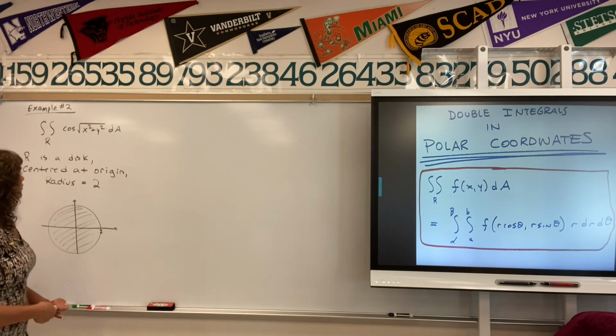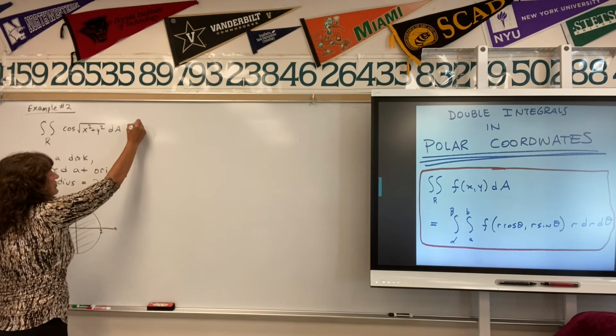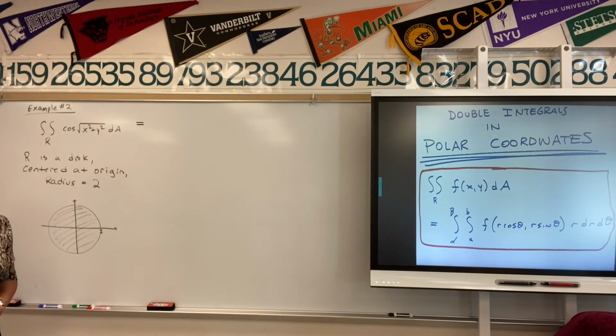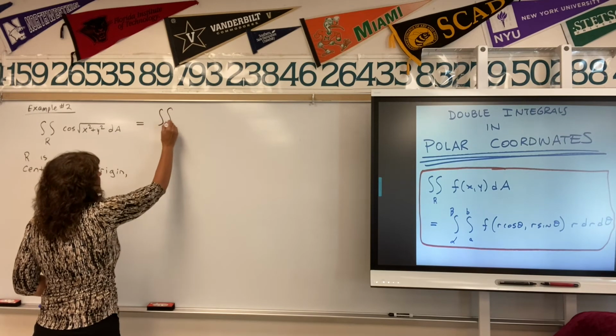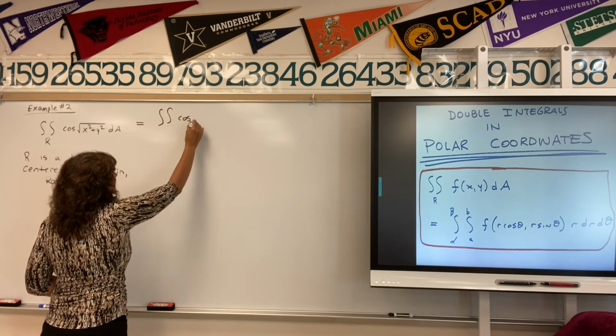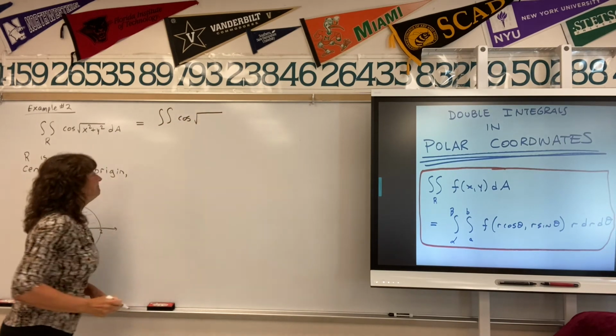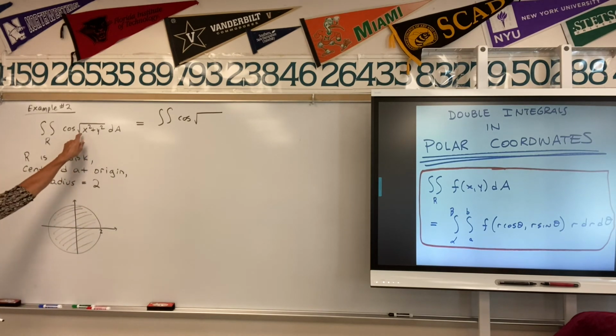All right, so we're going to take this rectangular double integral and change it to polar. So we have the double integral, the cosine function, and then under the radical, x squared plus y squared. Now, we don't want to change x to r cosine theta quantity squared and y to r sine theta. There was another conversion there.